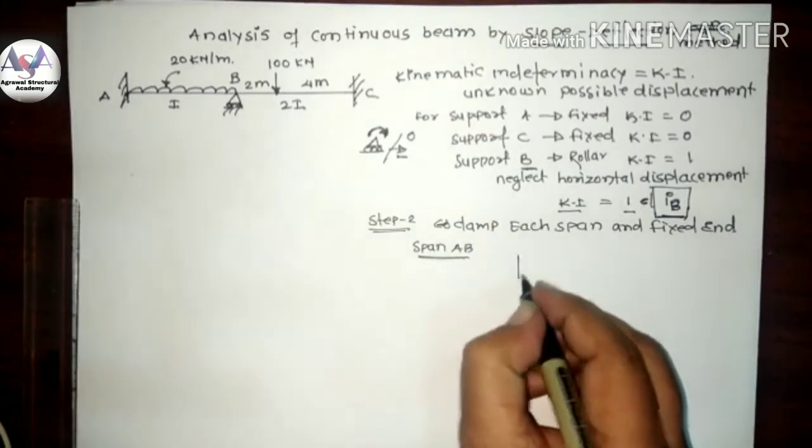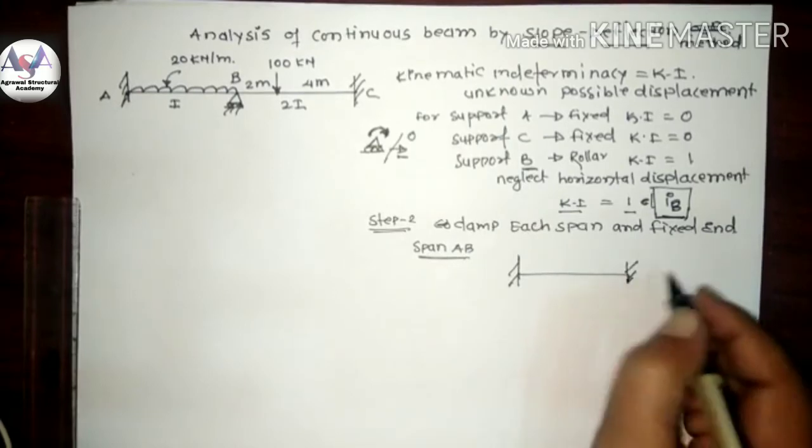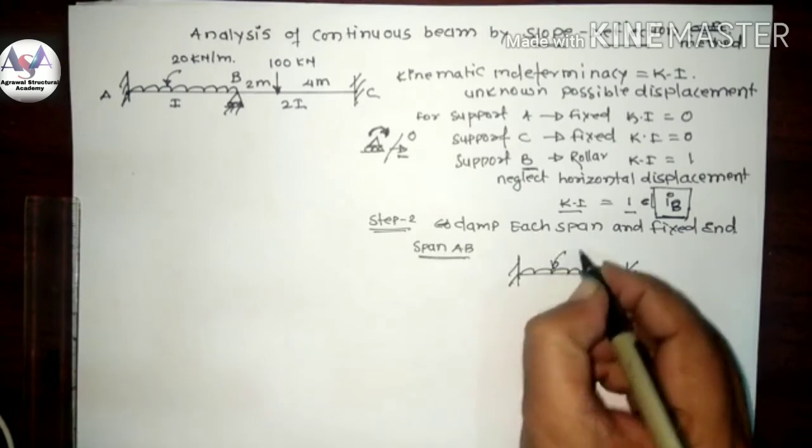If you draw the figure like this, clamp both ends of AB. This is subjected to UDL here, 20.